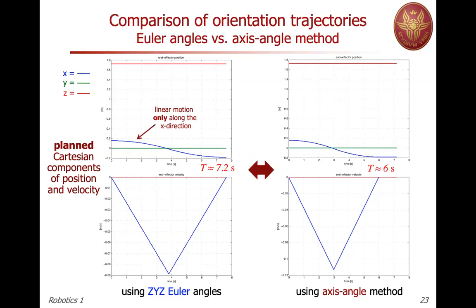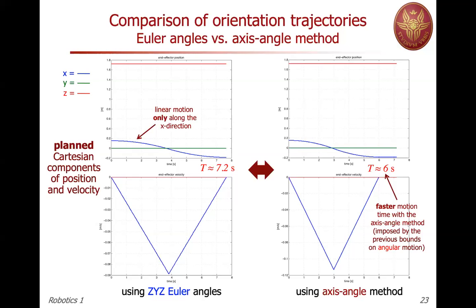And computing the slowest solution, I mean, we fix this as the total time, and this happens to be 7.2 for the Euler angles and 6 for the axis angle method.